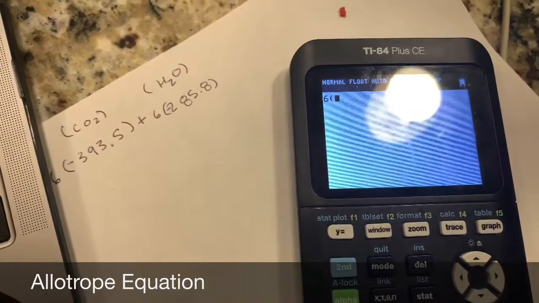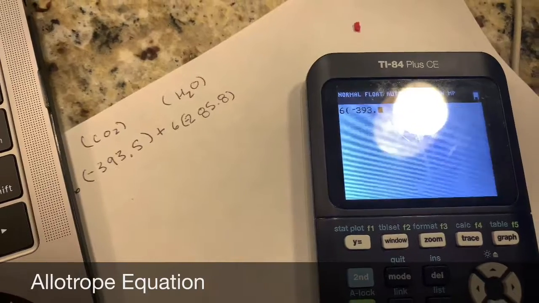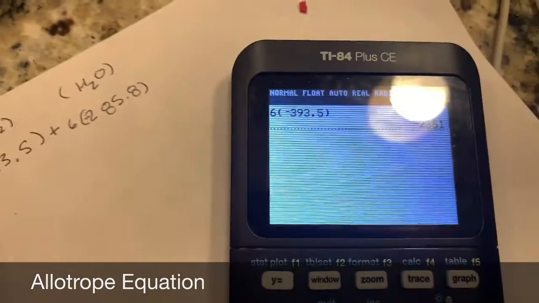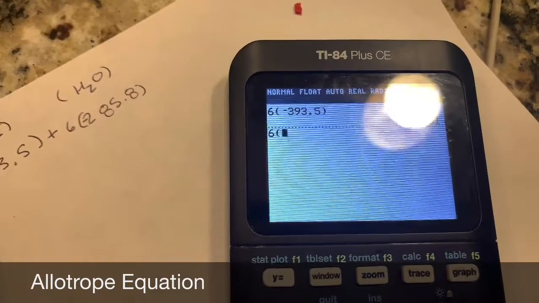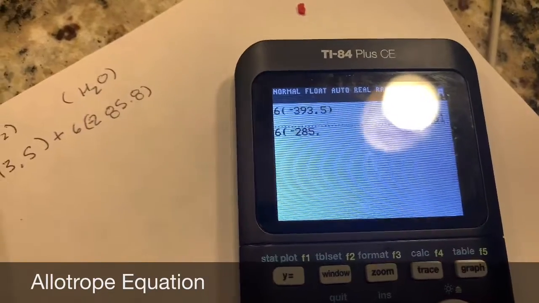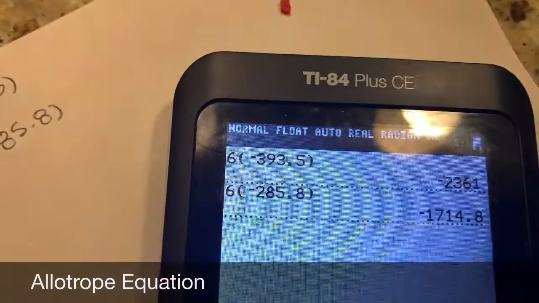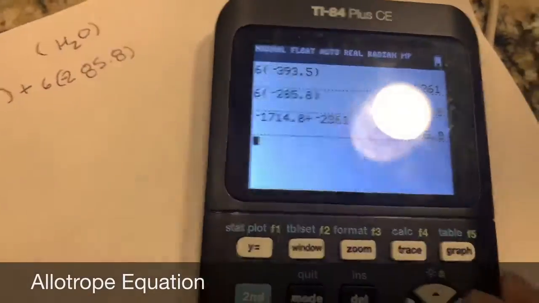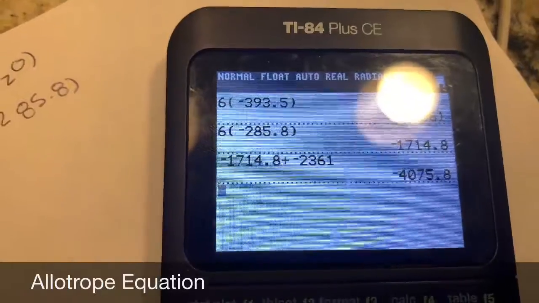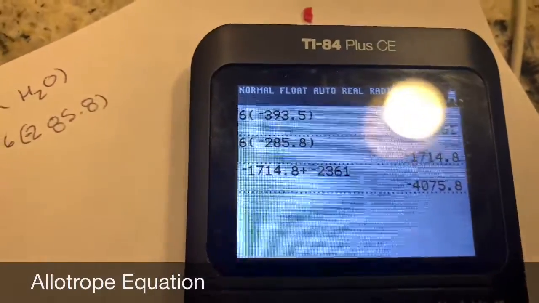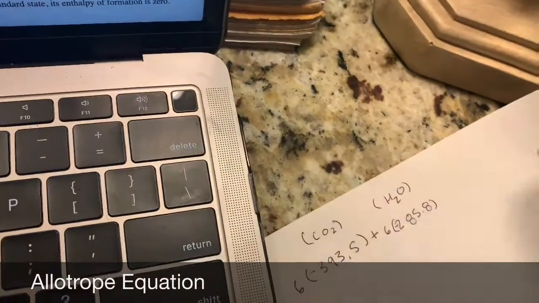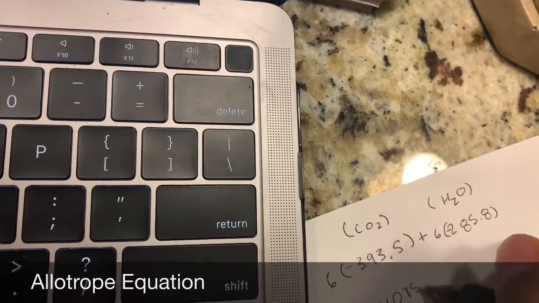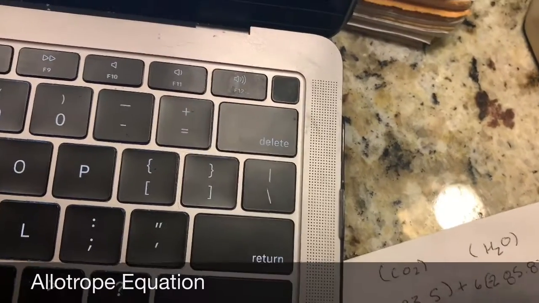So it's 6 times negative 393.5, and that's our answer for the CO2. This is our water. Just add these two, and that's the sum of our products. So it's going to be negative 4,075.8.